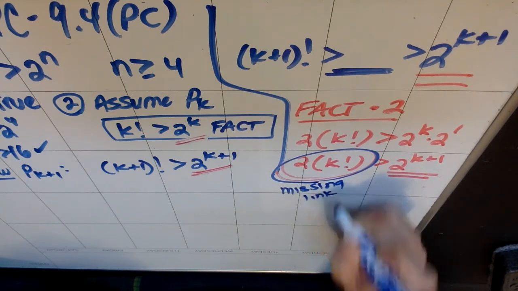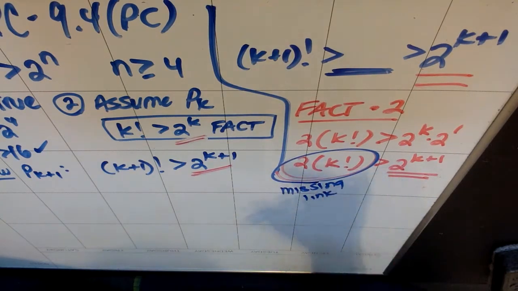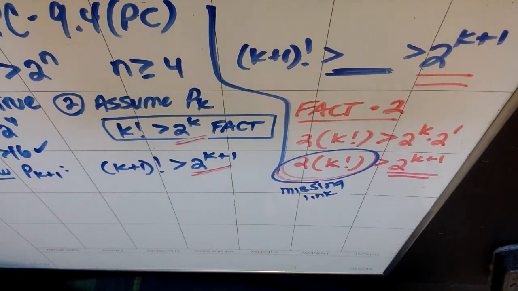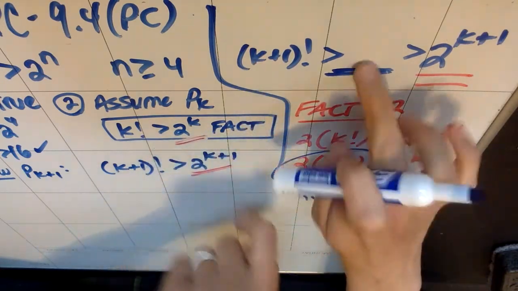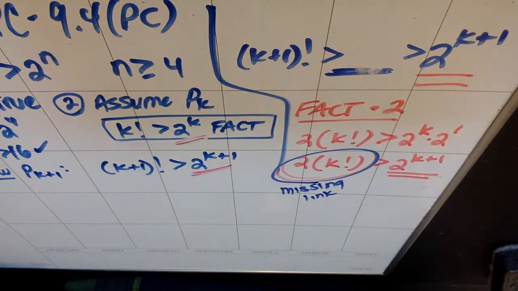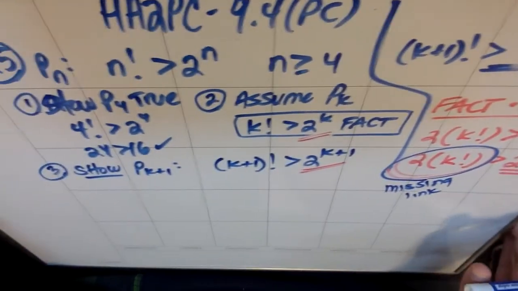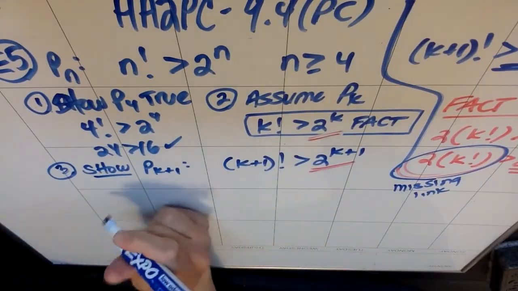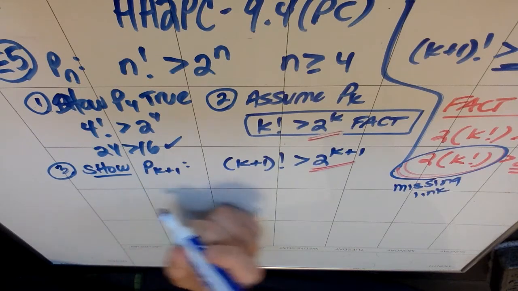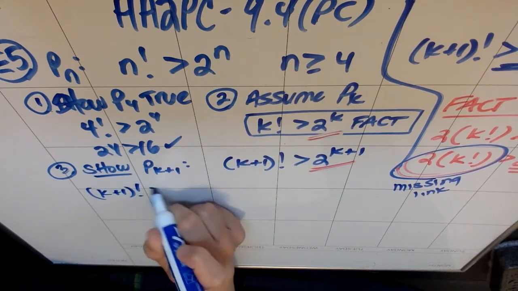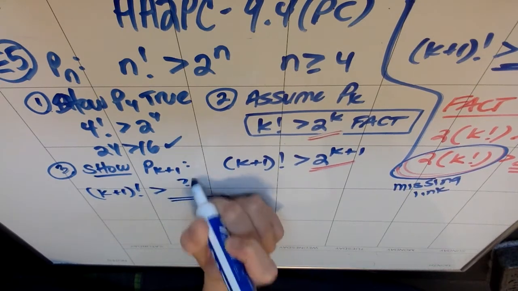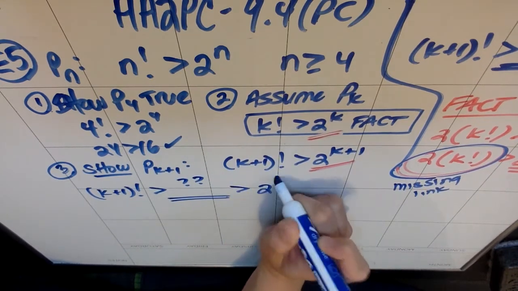If I can show that 2 times k factorial is smaller than k plus 1 factorial, then I can prove that this statement is true. So let's walk through how we can show that. Where I'm at right now is that I have k plus 1 factorial, and I'm trying to show that it is bigger than this missing link, which is bigger than 2 to the k plus 1.